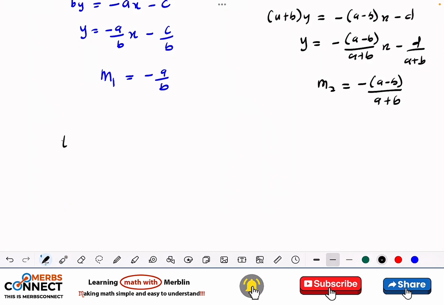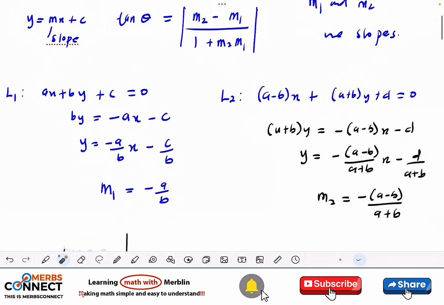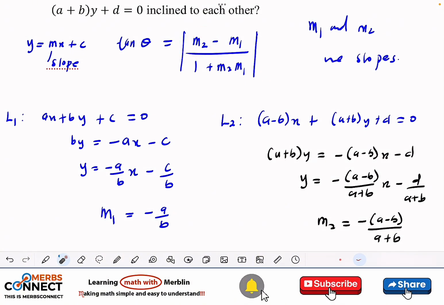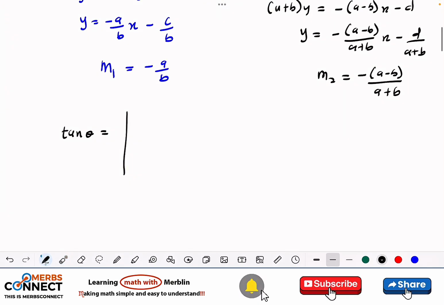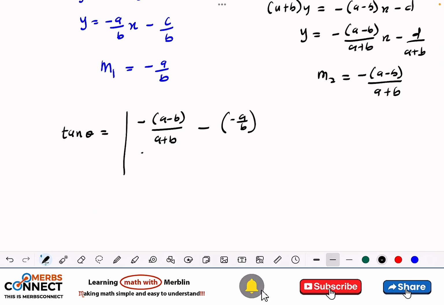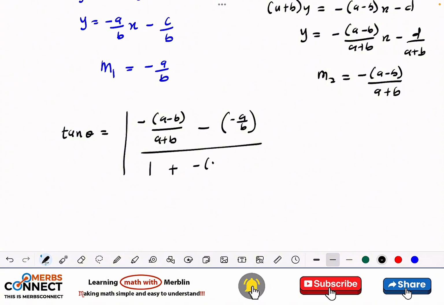So now tan theta is equal to the absolute value. As I said, you can bring m1 or m2 first, but since we were using m2, we can write this as minus (a minus b) divided by (a plus b), minus minus a over b, divided by 1 plus minus (a minus b) divided by (a plus b), all times minus a divided by b, absolute.